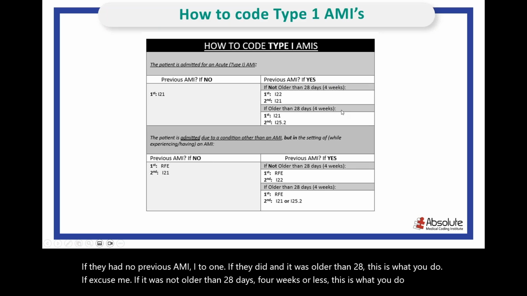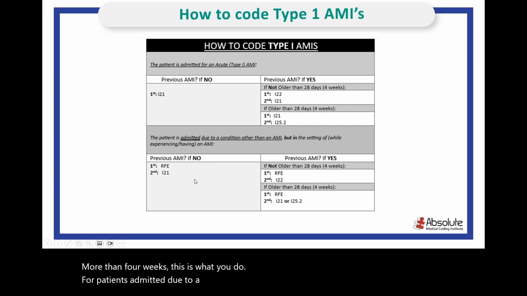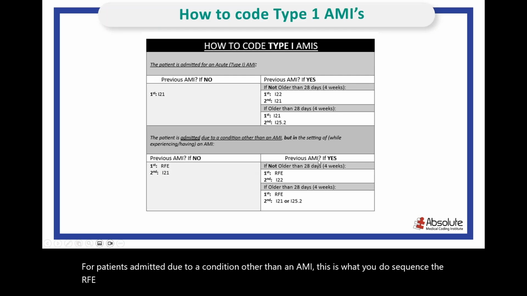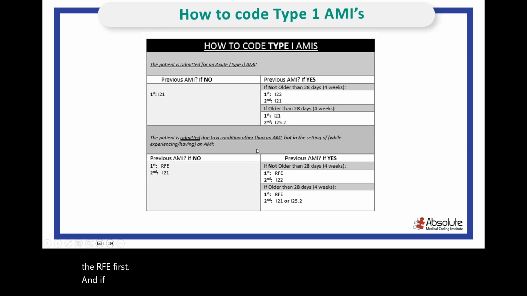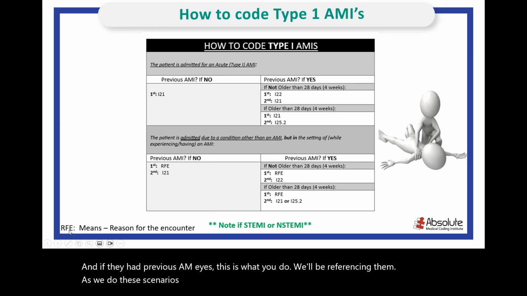For patients admitted due to a condition other than AMI, sequence the RFE first. And if they had previous AMIs, this is what you do. We'll be referencing them as we do these scenarios. And remember, RFE means reason for the encounter.